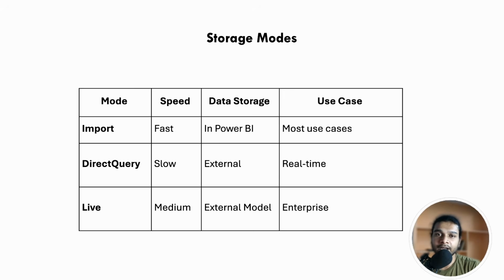Let's say you created a dashboard and you published it on Power BI service, right? And you want to use the same semantic model that you used for that particular dashboard in another project. What you can do is just connect to that semantic model and work with the data and all the models, and basically everything you can see in that file will be visible in this file as well.